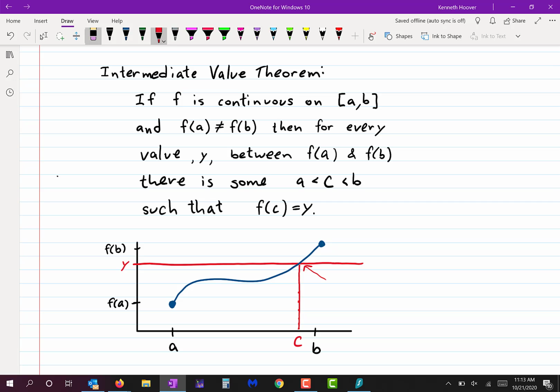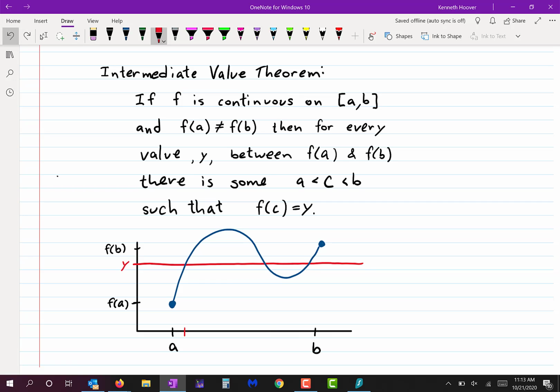It might even happen more than once. Could go like this, in which case it crosses 3 times. So there's 3 different values that could be called c. Okay?